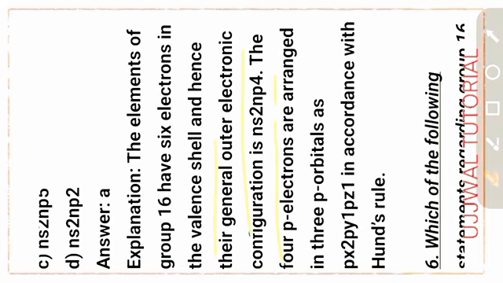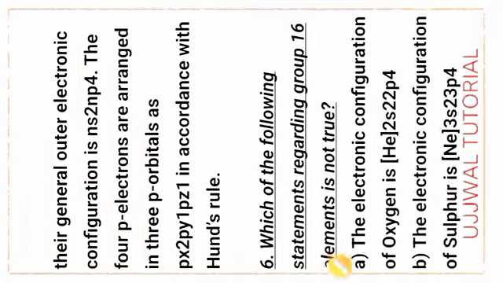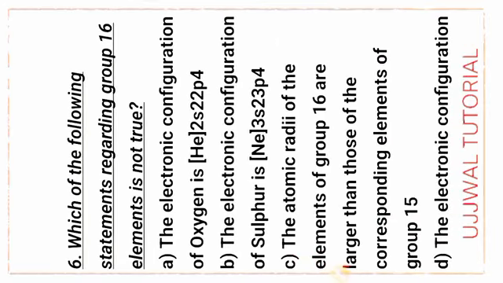The np4 electrons are arranged in p orbitals as px2, py1, pz1, in accordance with Hund's rule. Clear?